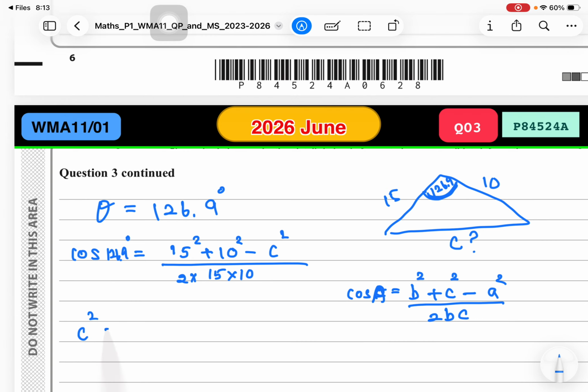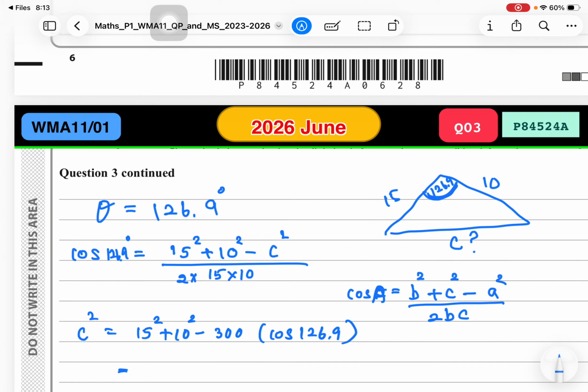So a squared equals 15 squared plus 10 squared minus 300 cos 126.9. It's pretty straightforward.